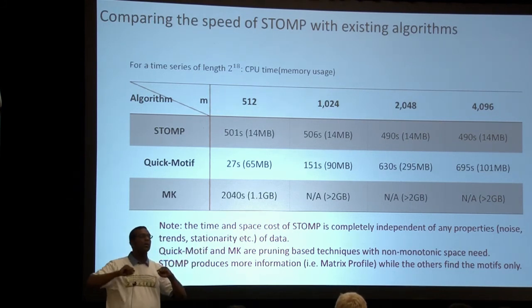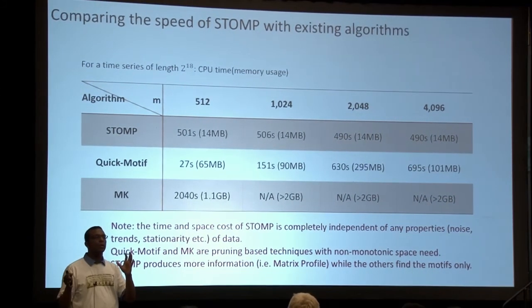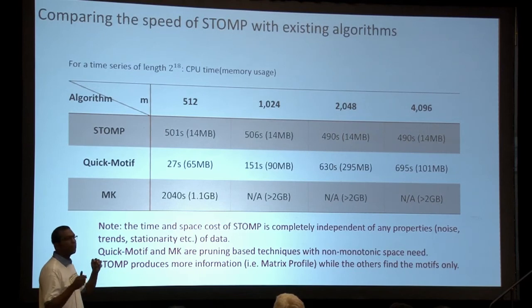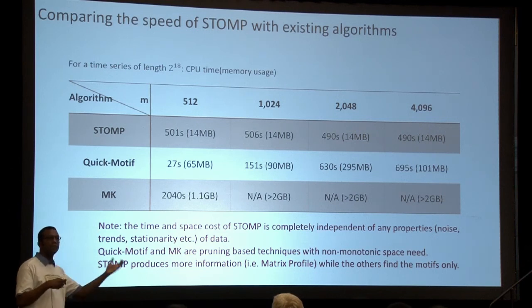Or how about lower bounding-based pruning? That kind of work is the most common trend that people do to calculate distance, similarity measures, distance profiles, and so on. Quick Motif and MK are the two algorithms that fall in those categories.